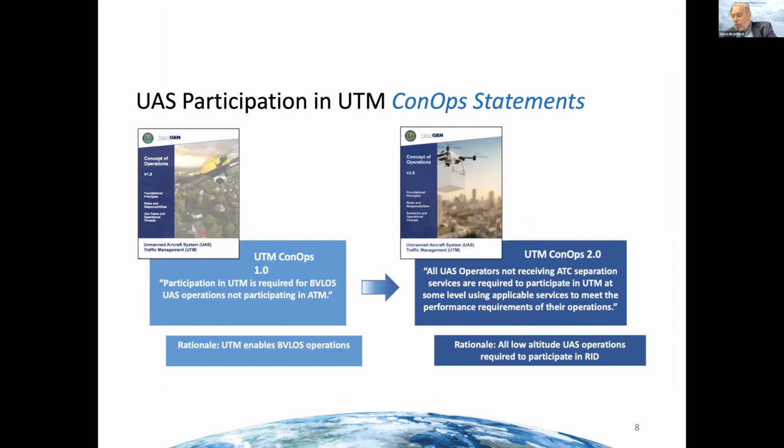One of the things where we got a lot of confusion is that in ConOps 1.0, at that point, we didn't really know where remote ID was going. So we just made the blanket statement that you'll only have to participate if you do beyond visual line of sight. That's because clearly one of the end goals of UTM is to enable beyond visual line of sight. What we said in 2.0 was that everybody participates in UTM, which caused a lot of confusion.